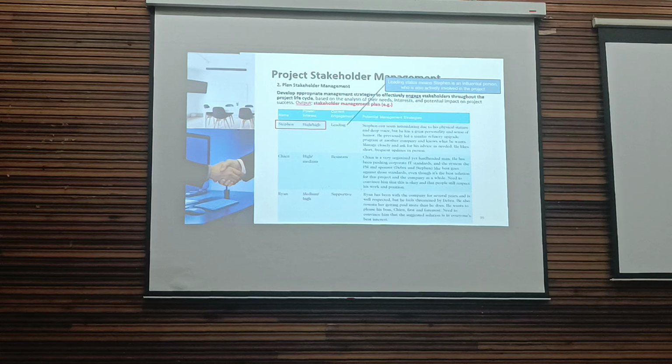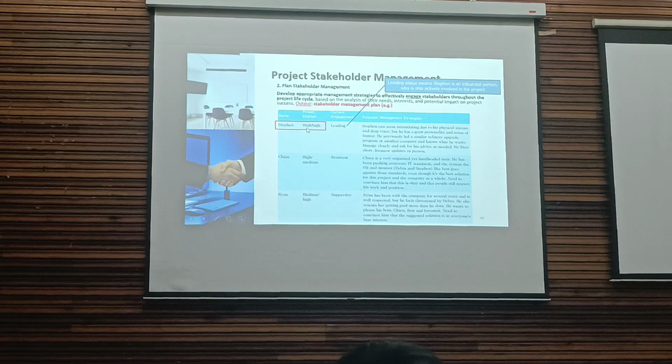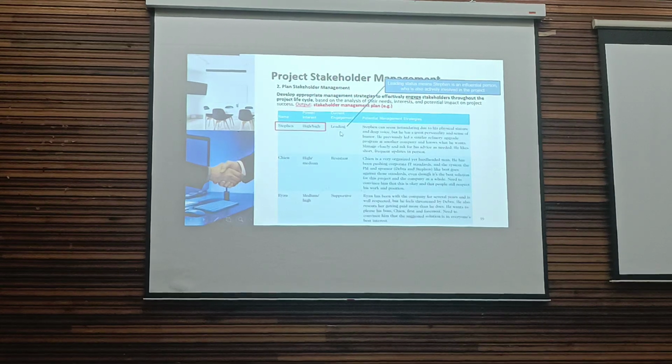Current engagement leading means Stephen is an influential person, who is also actively involved in the project. Okay, so the word leading here means this person has high influence in the project. He is also actively involved in the project.